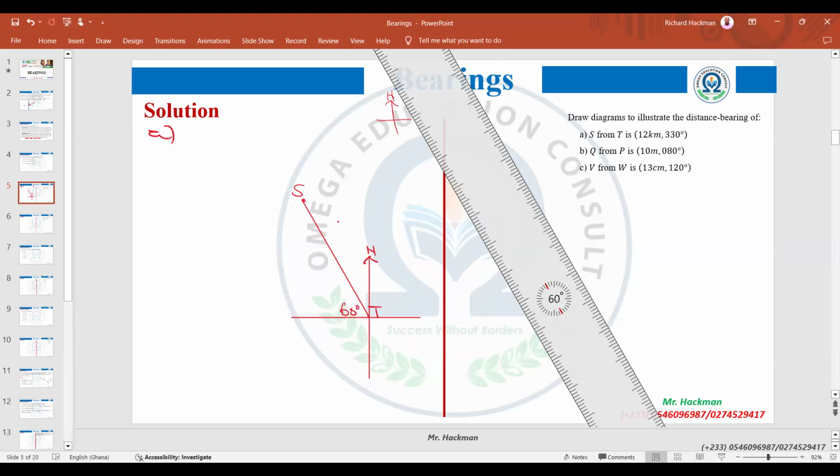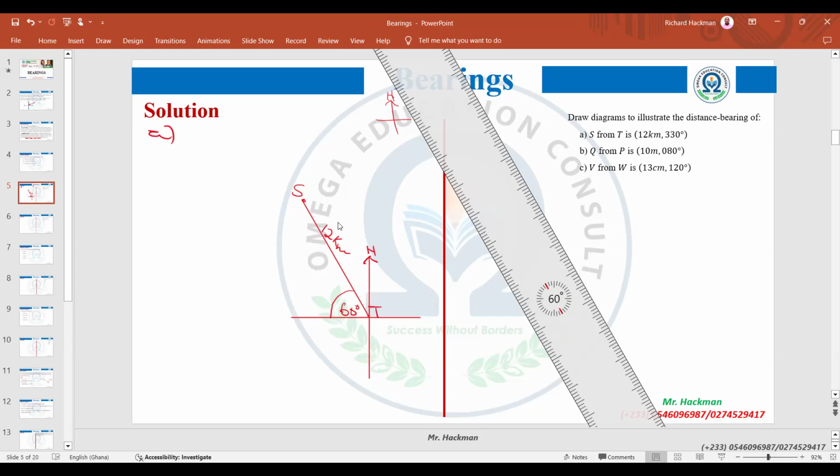You have to indicate the added angle. That's the angle of interest that you add. Then after that, you indicate your distance, and the distance here is 12 km. All correct. Is my point well made? Yes, please. Very good.